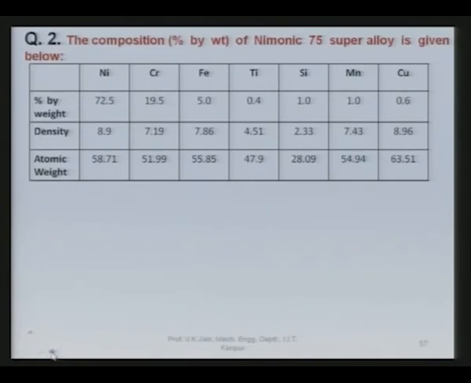The density of each element, that is nickel 8.9 gram per cubic centimeter, chromium 7.19 gram per cubic centimeter and so on, are given over there, and the atomic weight of each of them is given like 58.71, 51.99 and so on.